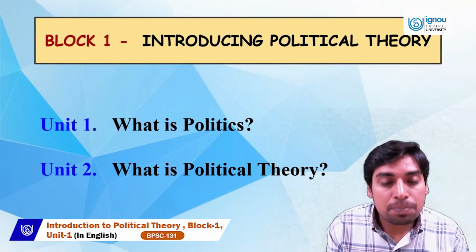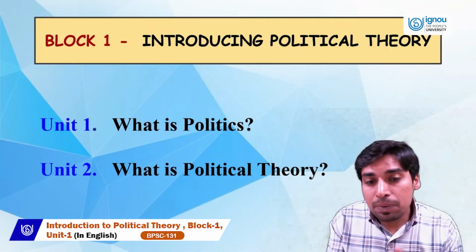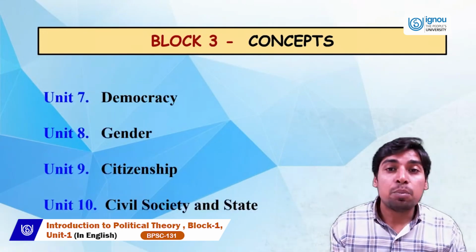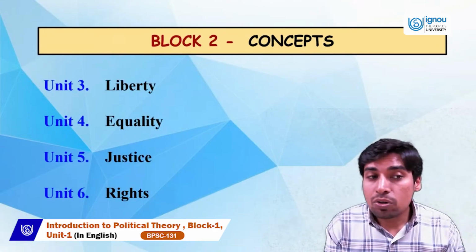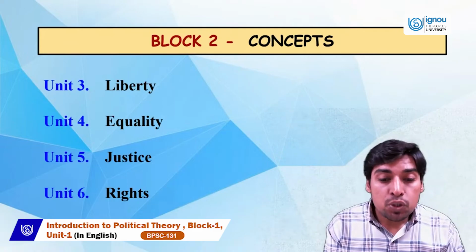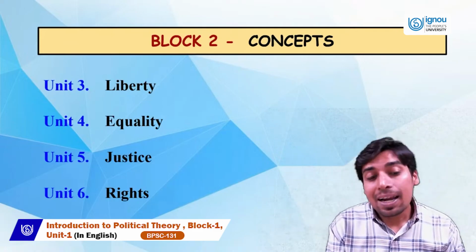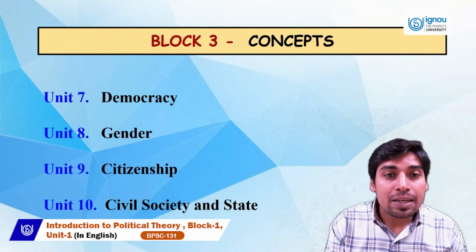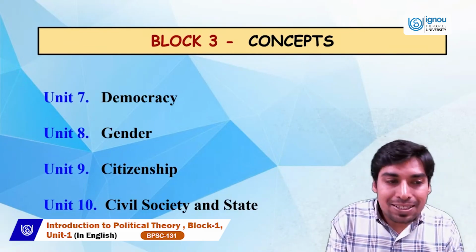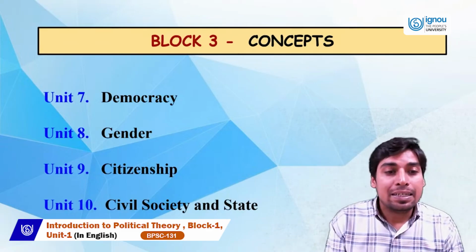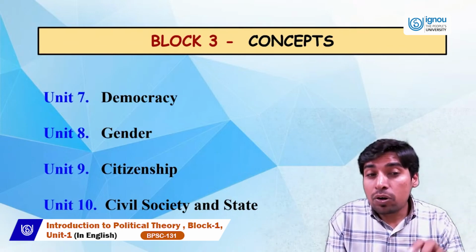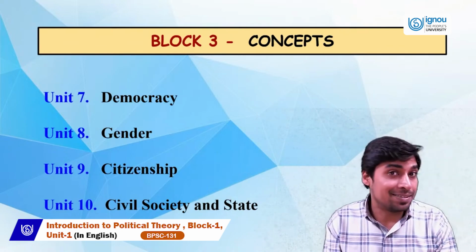Mainly, there are some major concepts we will discuss in block two and block three. The second block's concepts are unit 3 liberty, unit 4 equality, unit 5 justice, and unit 6 rights. Unit 7, in block 3, covers major concepts of political theory. One is democracy, unit 8 is gender, where we explain the difference between gender and sex.